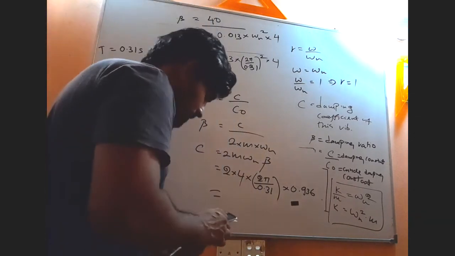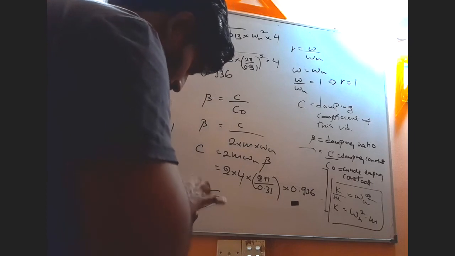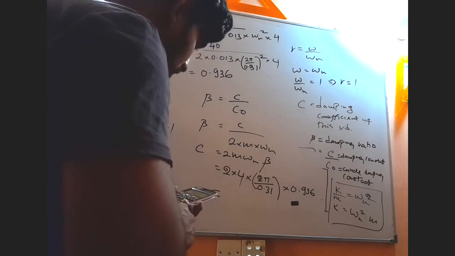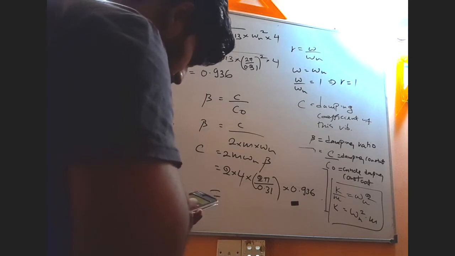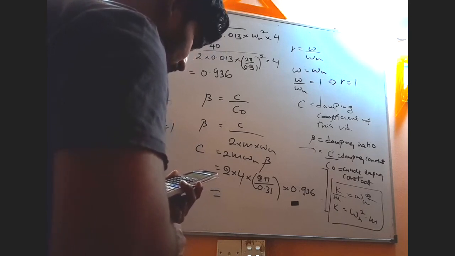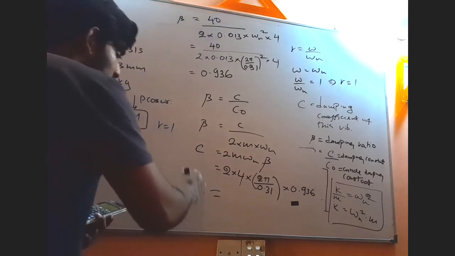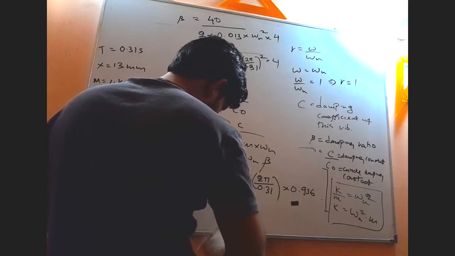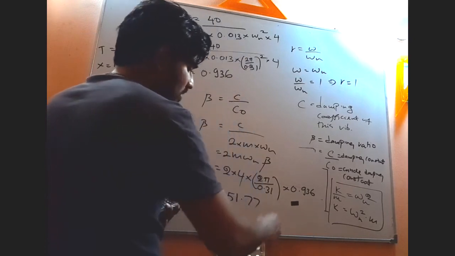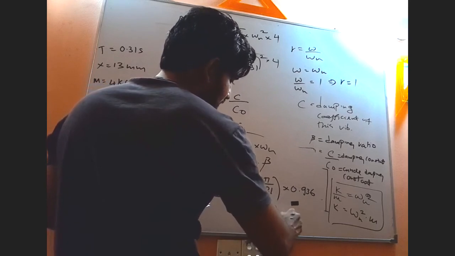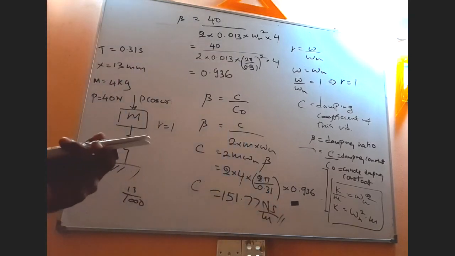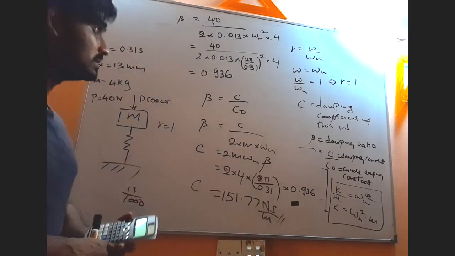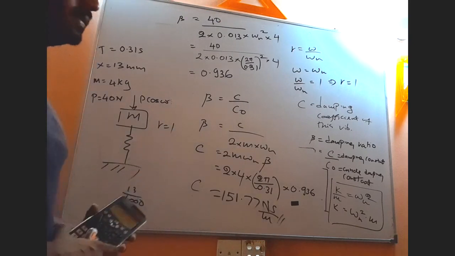The answer will be 151.77. The damping coefficient or the damping constant is 151.77. What are the units? Newton seconds per meter. So that's it. Check the calculations again, and in case I have gone wrong, please let me know. So that is the way to do that.